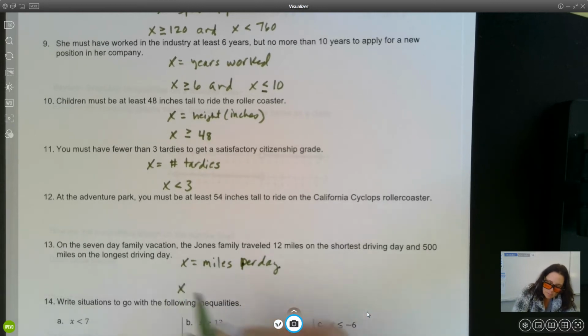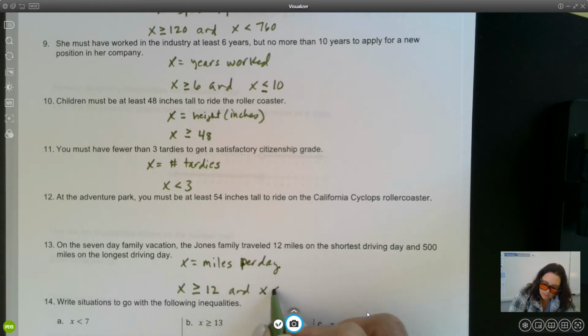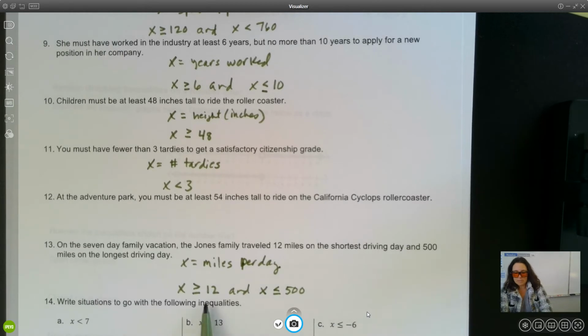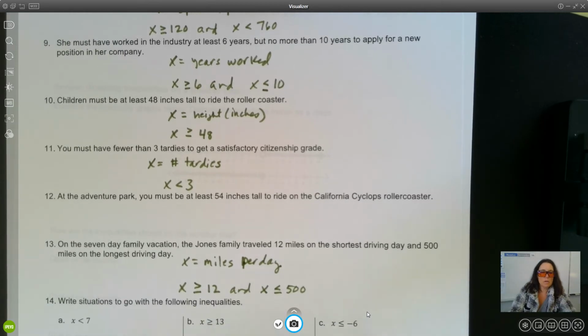Okay, the first one, the Jones family traveled 12. So we've got anything 12 or more, and the longest day was 500 or less. So somewhere between here is what they drove per day.